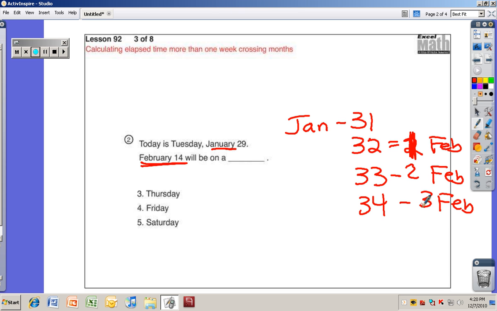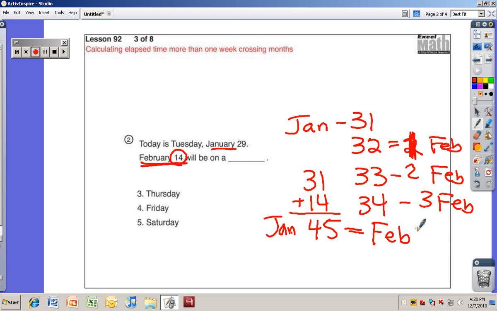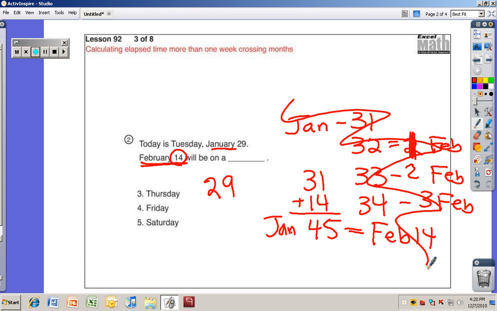Okay, so what I can do is take the 14 days from February and add those to January and call it the 45th day of January. So January 45th is kind of like February 14th. Now that I know January 45th is that date, I'm going to start at the 29th. And you don't need to show all this stuff when you show your work. You would just do 31 plus 14 is 45.